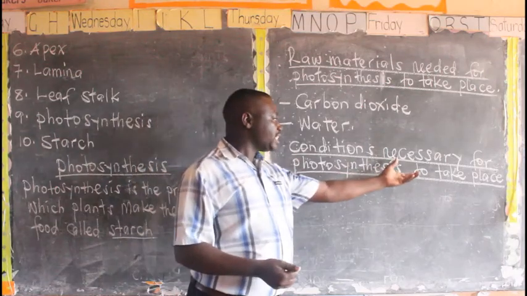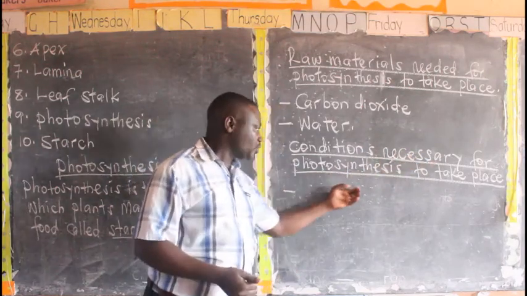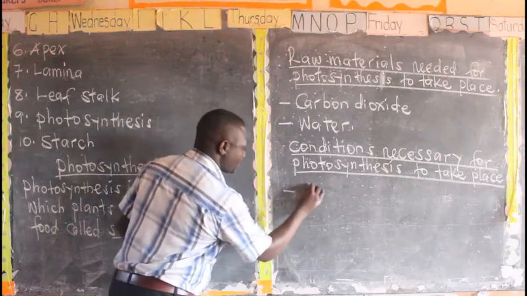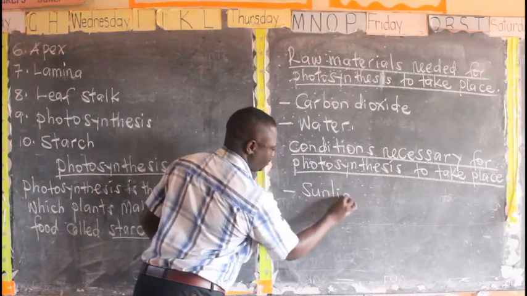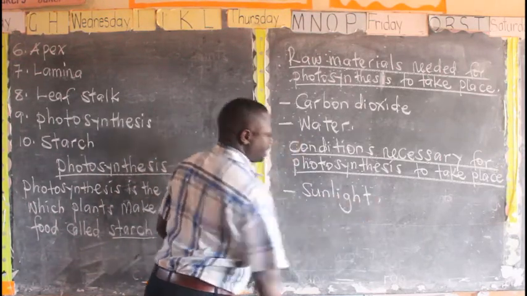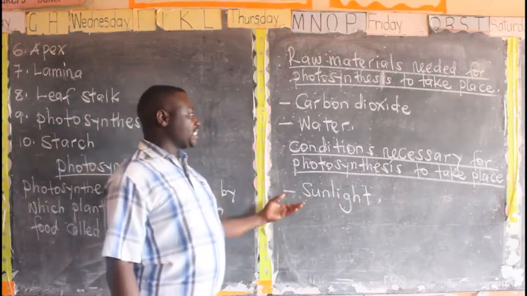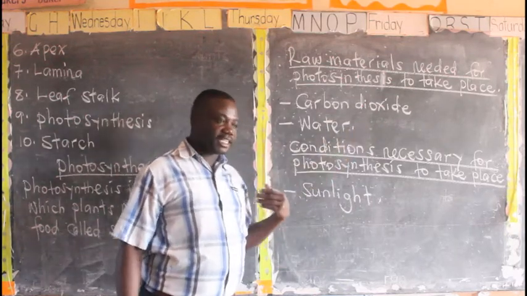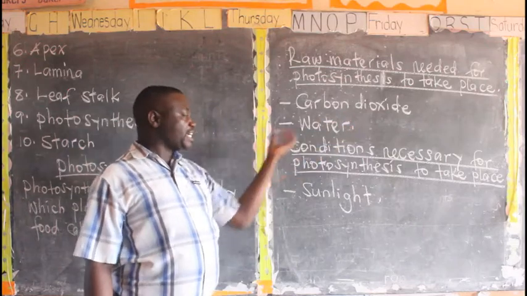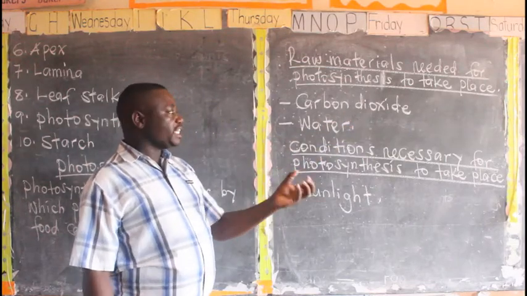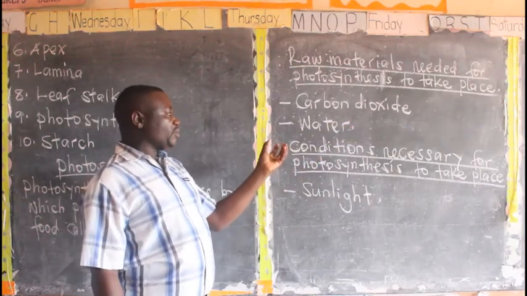Now, conditions necessary for photosynthesis to take place are, we have sunlight. Sunlight is important. It is absorbed by plants. They trap sunlight, and the leaves trap sunlight. Why are they able to trap?